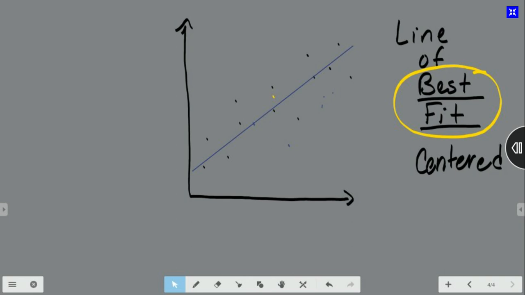No, that wouldn't be center, right? There is going to be some play in these answers. We're not all going to have the exact line, but it's got to be centered well, okay?